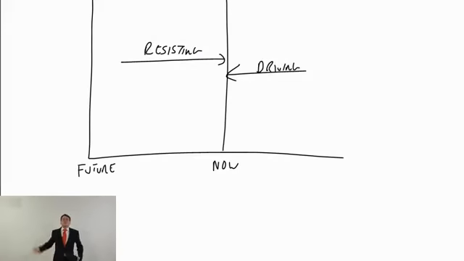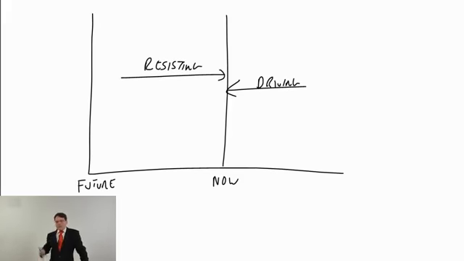There are reasons why the workers are going to say no. Now, if you want any change at all to happen, the driving forces have to be higher. In the diagram that I have got at the moment on the screen, no change will happen because the resisting forces are higher.